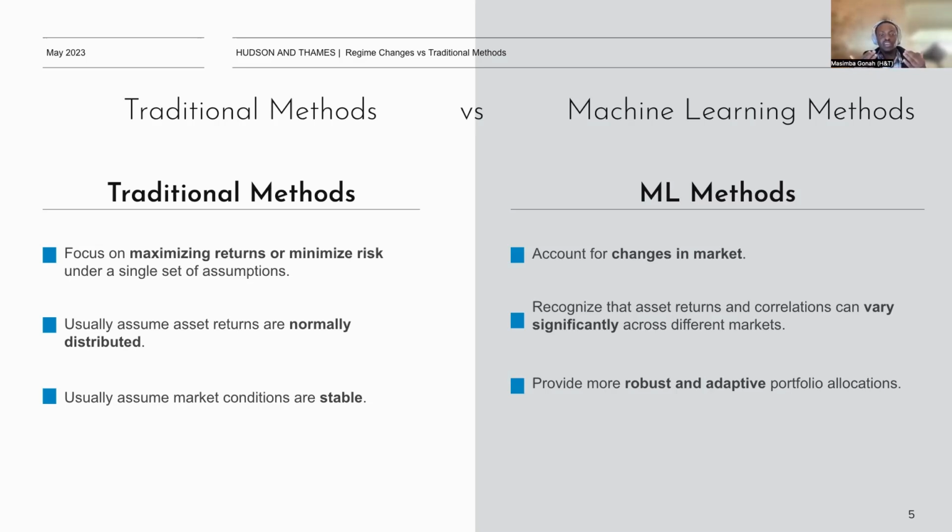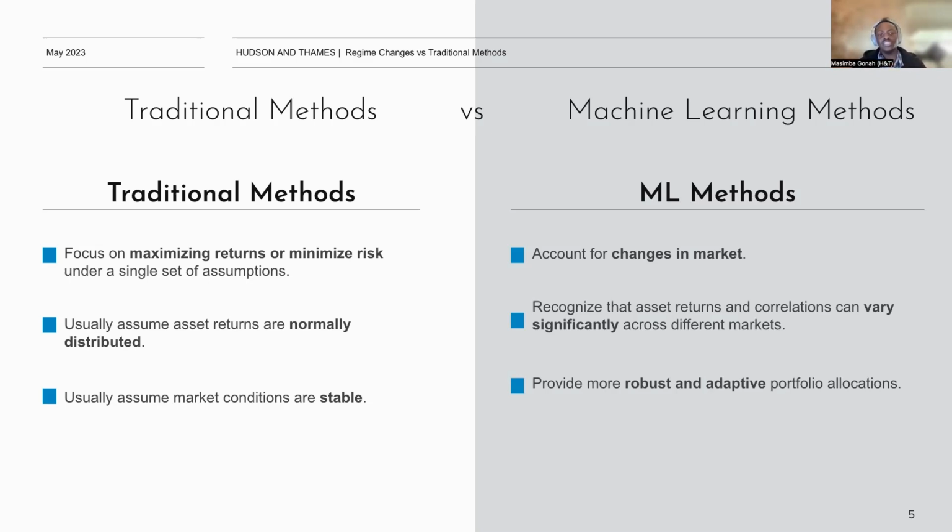So having assets that are uniquely different from each other so as to diversify your risk. Now, machine learning takes that a step further by actually aligning those with the market shifts as they are happening, or at least trying to do that.